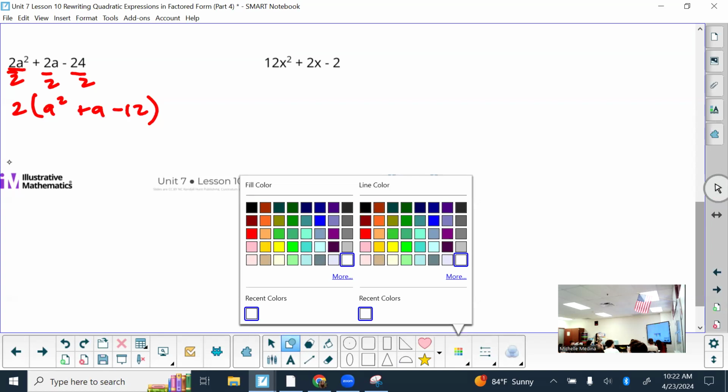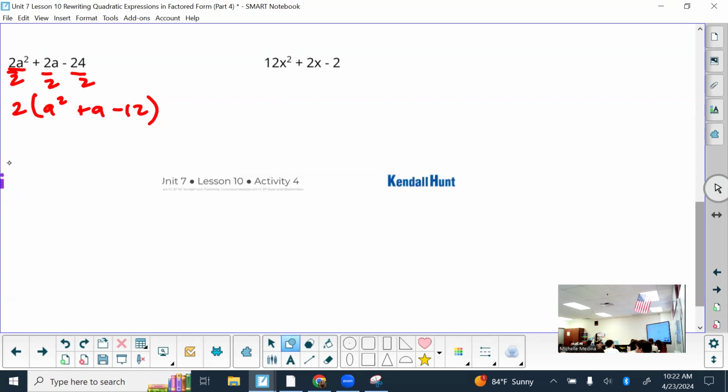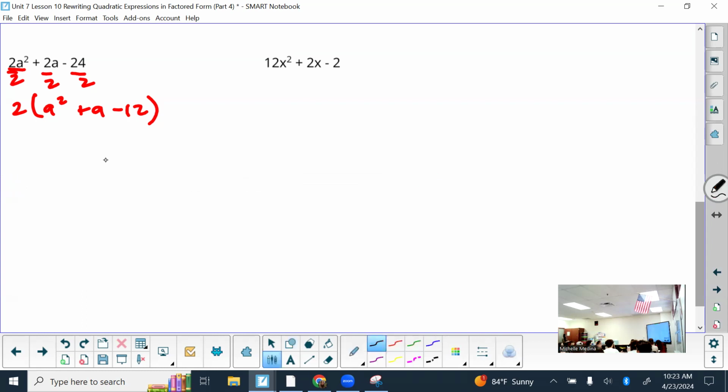Now, sometimes you do that and then you're finished at that step, but now you need to check to see if the parentheses can be factored anymore. And since it is a trinomial, I am going to set up my diamond method.